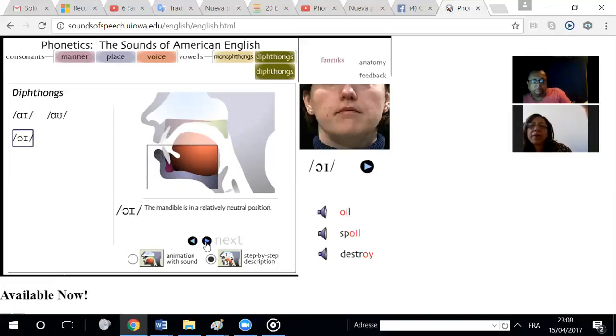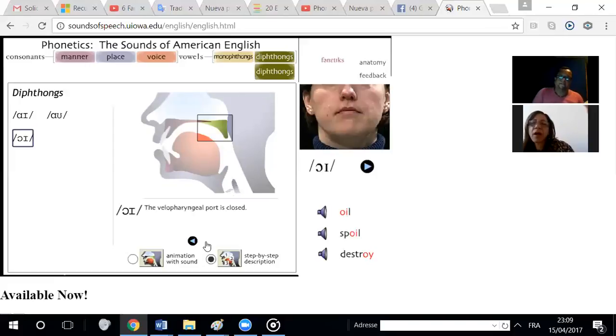The mandible is in a relatively neutral position. You need to make neutral. The vocal folds are adducting and vibrating. The velopharyngeal port is closed.